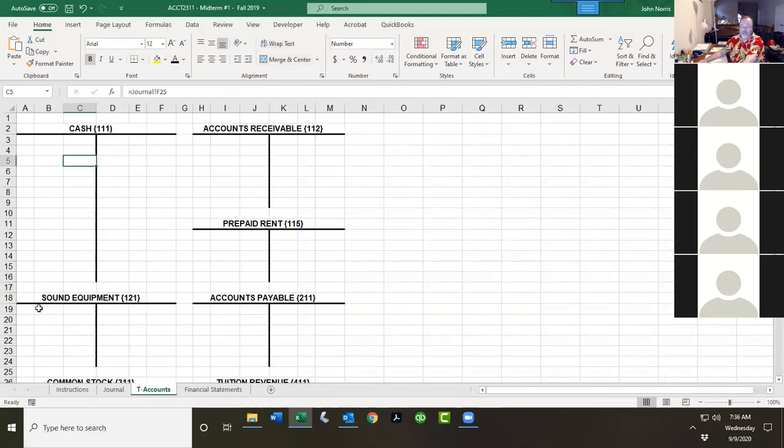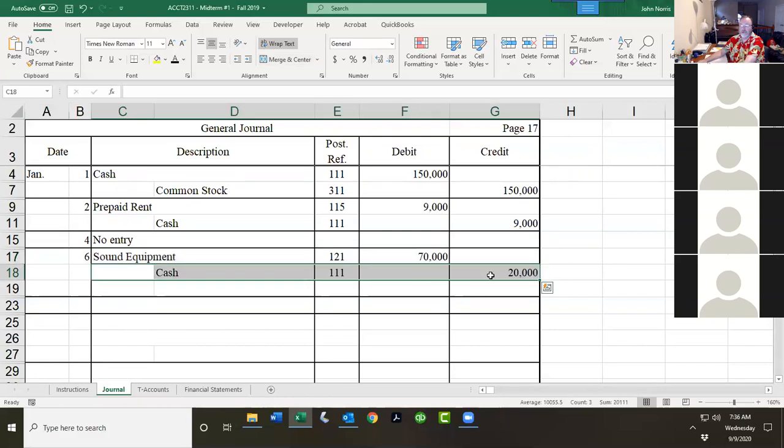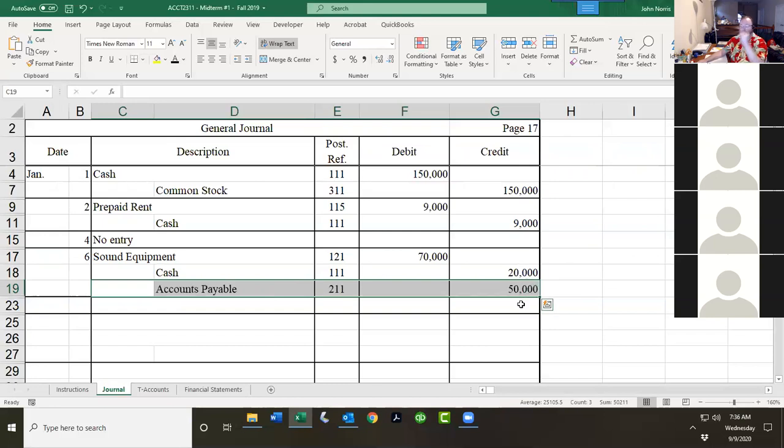We've got a sound equipment asset. The credit is 2 parts: you have cash of $20,000 and then $50,000 in accounts payable for the amount that is due every 2 weeks.